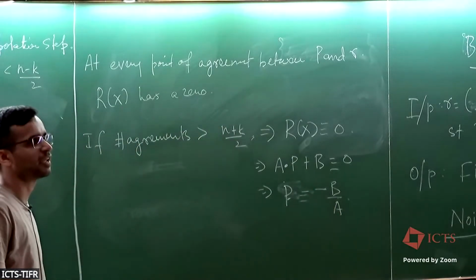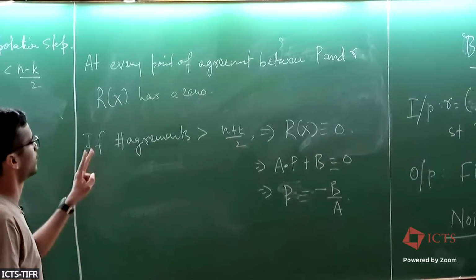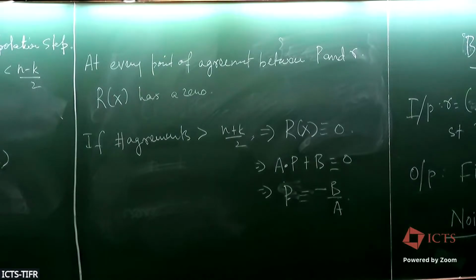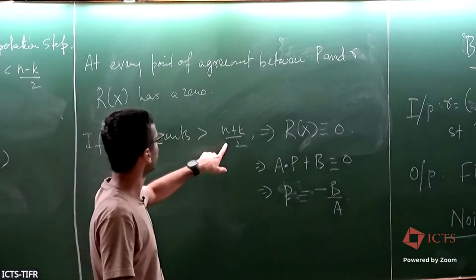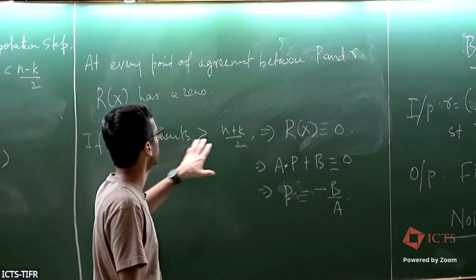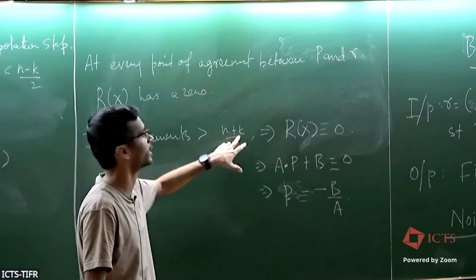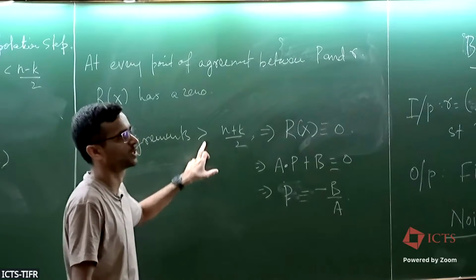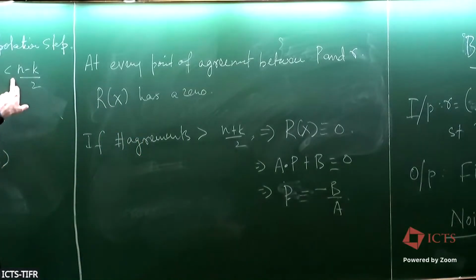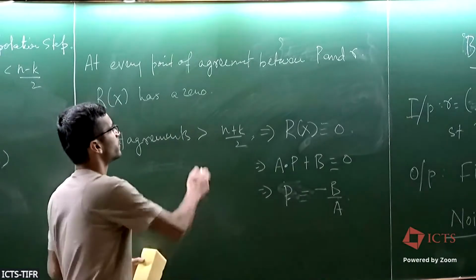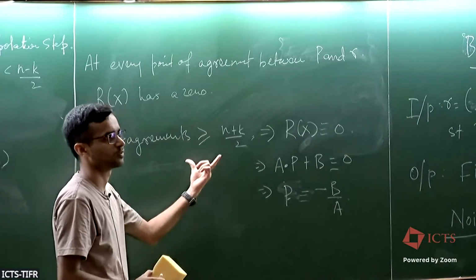There's one tiny catch here. Actually, there are two tiny catches here. So one catch is that I promised more. Here we are only proving the correctness if the number of agreements is strictly greater than n plus k over 2. We promised more. We should have really worked when the number of agreements is greater than or equal to n plus k over 2.